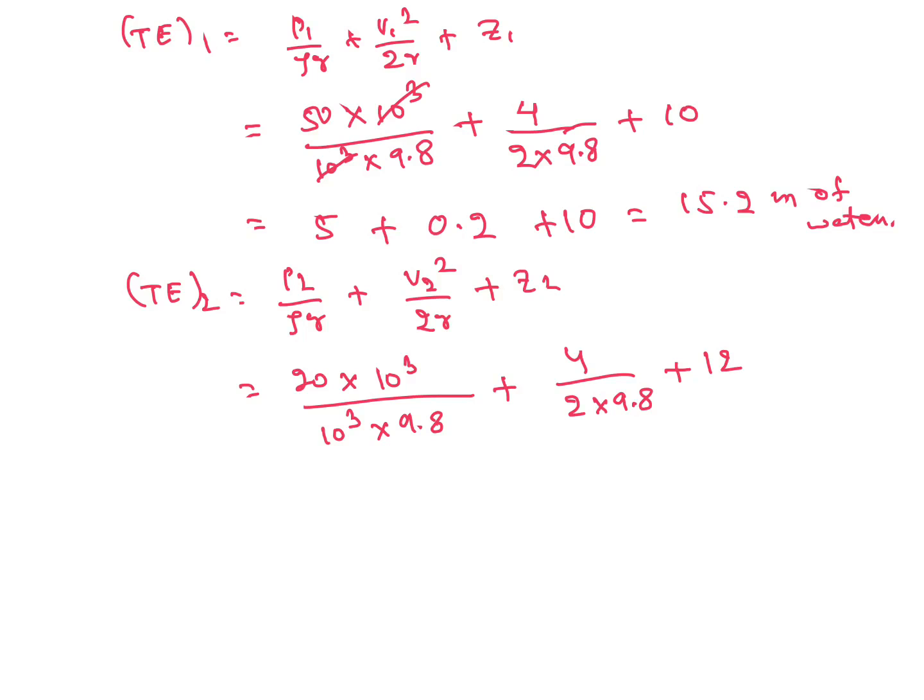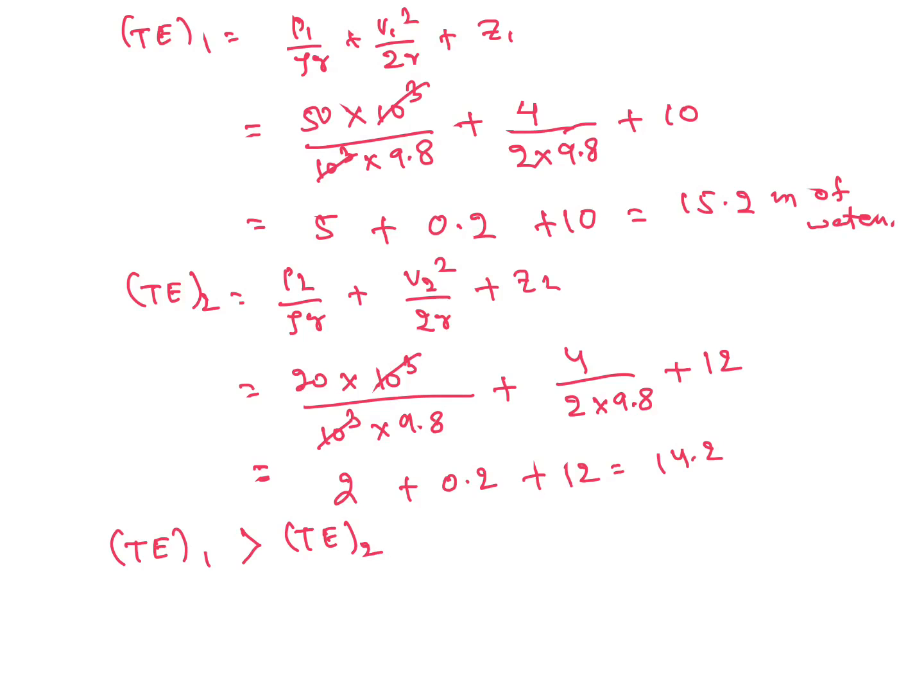So it will come around 2 plus 0.2 plus 12, it's 14.2. So total energy at 1 is greater than total energy at 2.